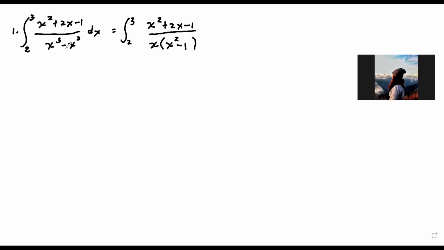Because x squared times x is x cubed, and x squared times negative 1 is negative x squared. Their common factor is x squared.